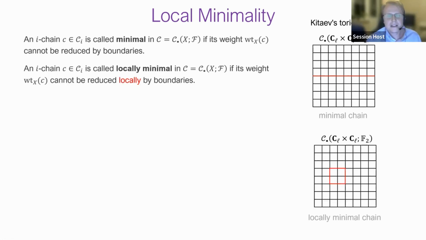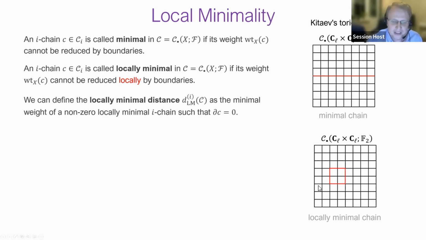But since you have these local stabilizers, you can apply them. You can also ask whether you can reduce this weight locally by applying local stabilizers, and this way you obtain what is called locally minimal code words. This is a code word whose weight you cannot reduce locally by applying just individual stabilizers.